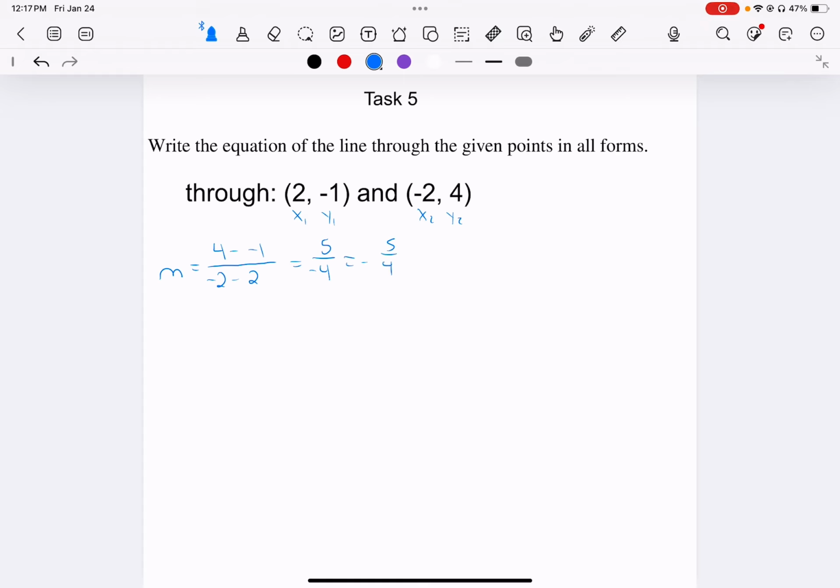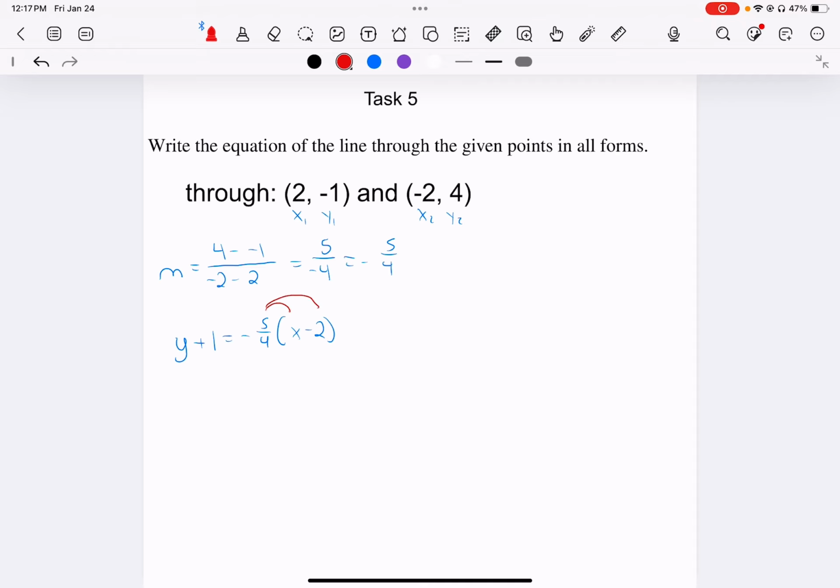Since I have my point and slope, I'm going to start with my point-slope form. I have y plus 1 equals negative 5 over 4 times x minus 2. So that's my point-slope form. Now I'm going to use this to find my slope-intercept form.